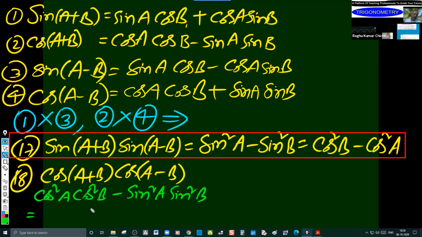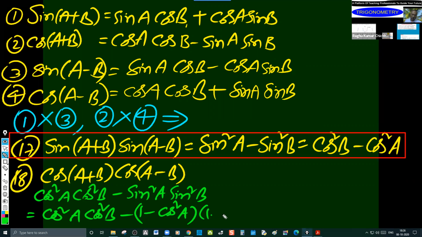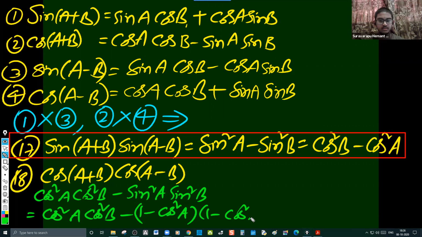Now I want to express the formula only in terms of cos, so I'm keeping cos²A cos²B as it is, and converting sin²A as 1 minus cos²A, and sin²B as 1 minus cos²B.